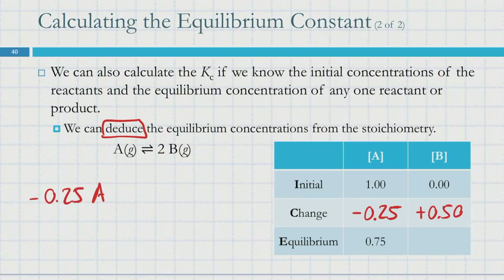So minus 0.25 A, it's 2B for every 1 A. We can do a stoichiometry if we want to. And somewhere we get to introduce a negative, probably in our conversion factor.